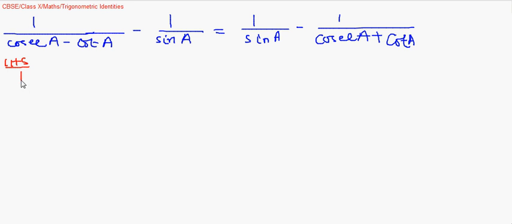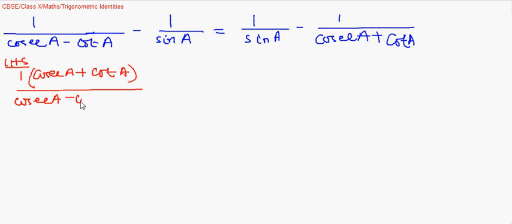So I'm getting 1, because I have cosec A minus cot A, and I want to remove this part in the denominator, so I'm multiplying cosec A plus cot A by cosec A minus cot A. So I have to obviously multiply the same thing below in the denominator, cosec A plus cot A.